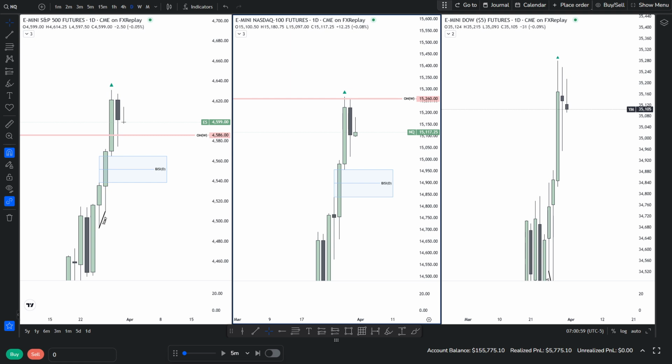Okay, bullish fair value gaps are being repriced and rebalanced, or being left unfilled, with the market showing a willingness to reprice higher.